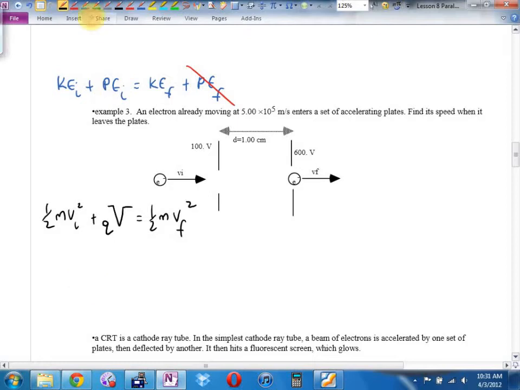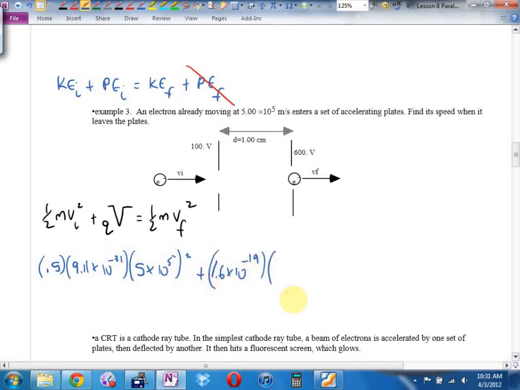So we're going to get 0.5 times 9.11 times 10 to the negative 31 times 5 times 10 to the 5th squared plus 1.6 times 10 to the negative 19 times, oh, what is the voltage that we're traveling through?